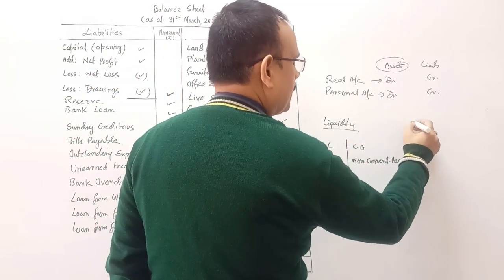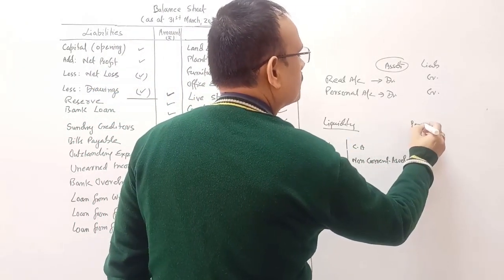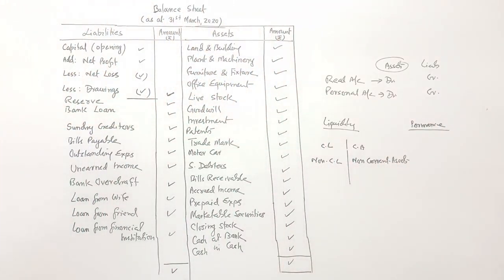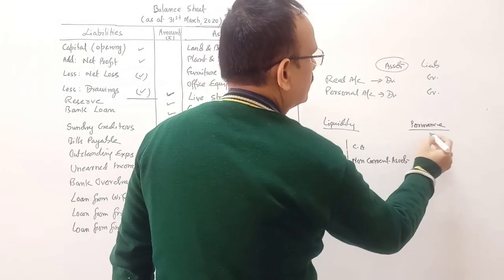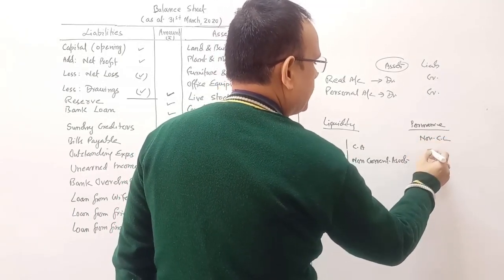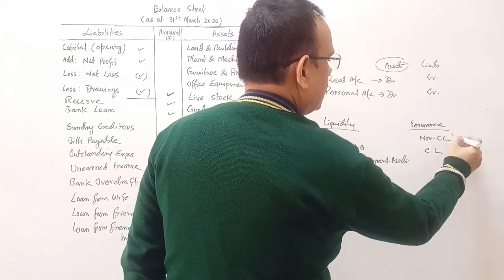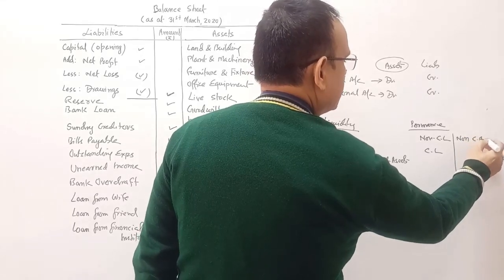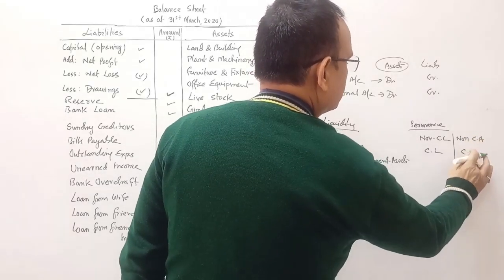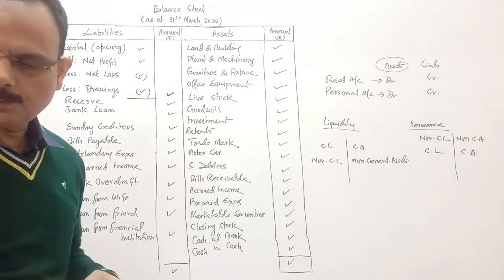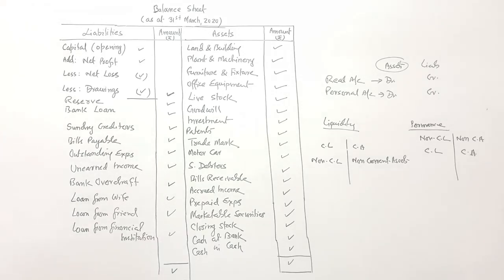And in order of permanency, non-current liability will be at top and current liability will be at the bottom, and non-current assets will be at the top and current assets will be at the bottom. Then it is in order of permanence.